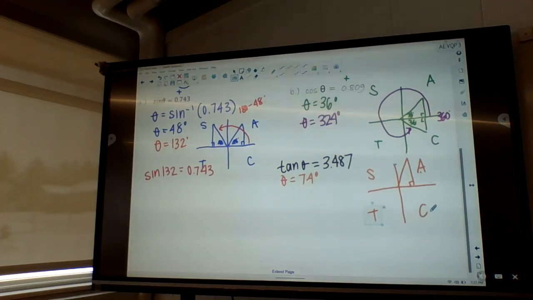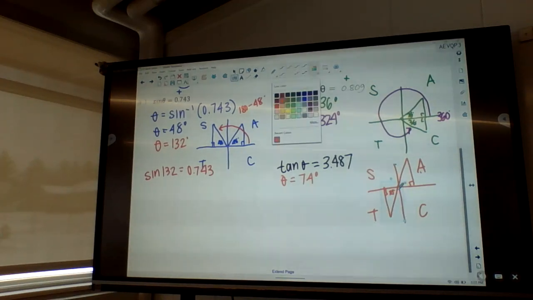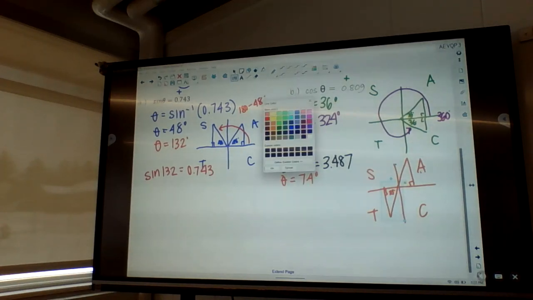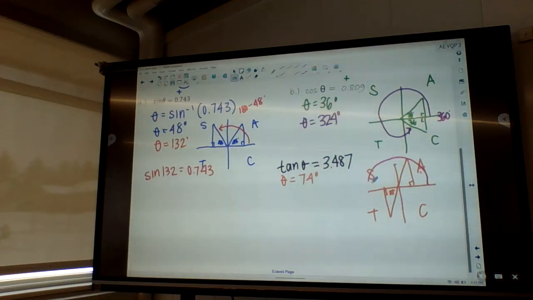This one's going to be in the third quadrant, right? And again, a 74-degree angle. So how would I find that value? 180 plus. Yeah, this time I'm going past 180 by 74 degrees, so I'm going to do 180 plus 74.